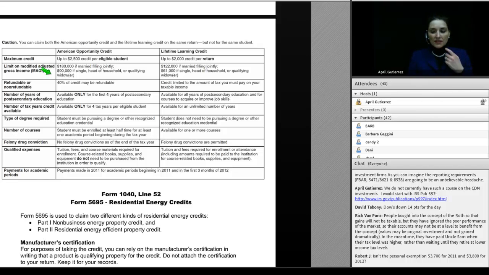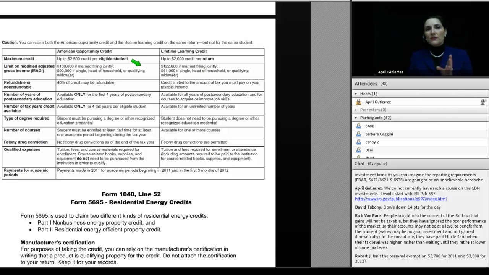But if you fail to meet one of those conditions, then you move over to the Lifetime Learning Credit, and what's going to happen to you there is you might earn too much, because you can see that the phase out on it is $122,000 for married filing joint compared to $180,000 for the American Opportunity Credit. So if you're too high in income for the Lifetime Learning Credit and you don't qualify for the American Opportunity Credit, move over and see if you can claim the tuition and fees deduction.